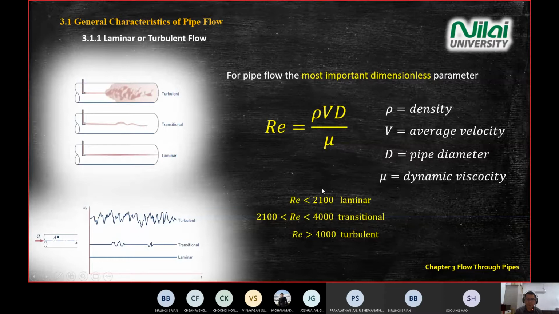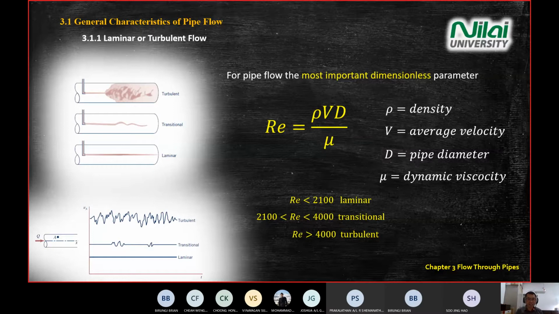So two magic numbers you need to remember for today: Reynolds number 2100 and Reynolds number 4000. What happens in between is transitional. This number is very important for this chapter, because when you solve a question in this chapter, you always start with this number to justify whether it's a laminar question or a turbulent question.